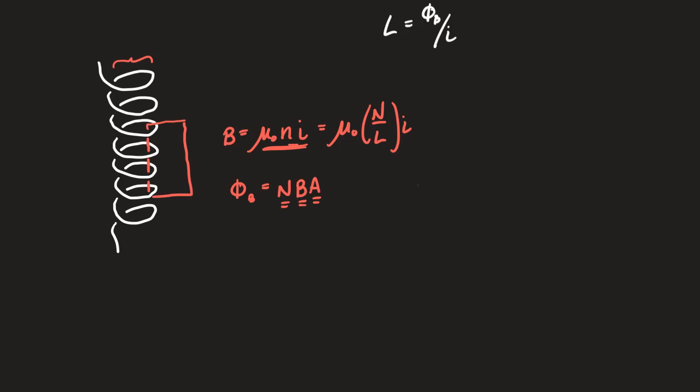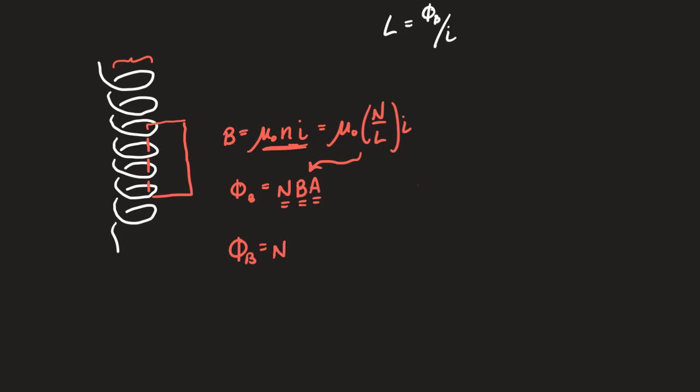Now, quick substitution gives us part of this. And I want to be a little careful here. I'm going to choose this one, and that's because capital N is the number of loops, and that way I have a consistent variable between the two.